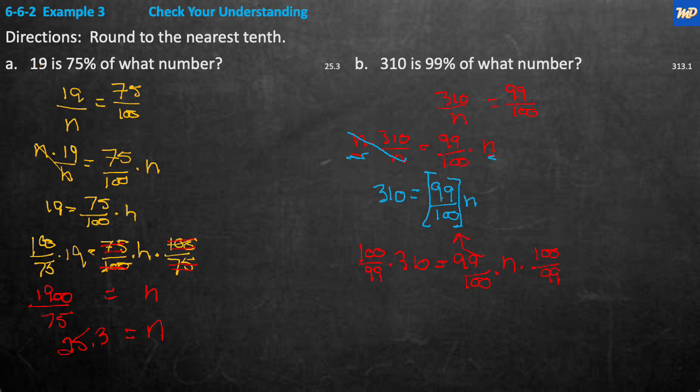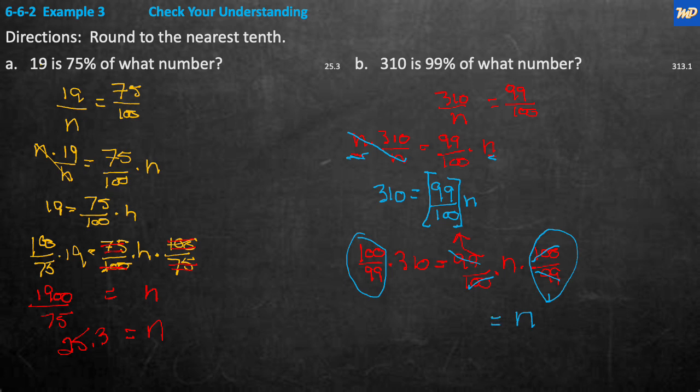Both sides need to be multiplied by the 100 over 99. That's how you clear them out of this side. In order to undo this mathematics on this side, undo meaning remove it, get it back to a previous state where we have just the n, we have to multiply both sides. So when we do that, these cancel. The 100 cancels with this 100, the 99 cancels that 100, and I end up with an n.